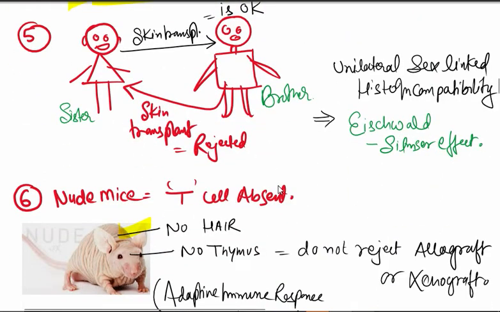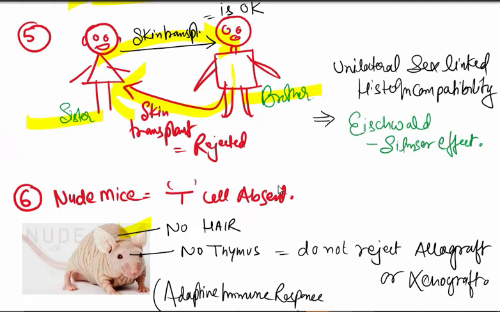Okay, next one. We see sister and brother. If a skin graft is harvested from the sister and transplanted into the brother, the brother is not rejecting it, but a few months or years later, if the brother gives his graft to the sister, the sister's body rejects it.